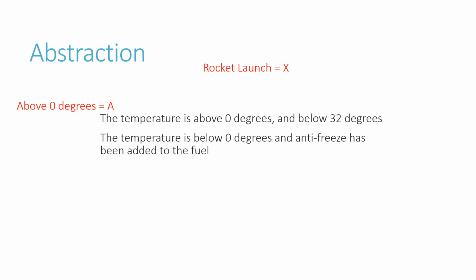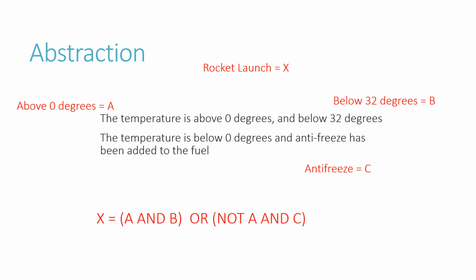There are 3 conditions: being above or below 0 degrees, being below 32 degrees, and adding antifreeze. So I've analysed that into 3 different conditions that I'm calling A, B and C, and it makes this condition.